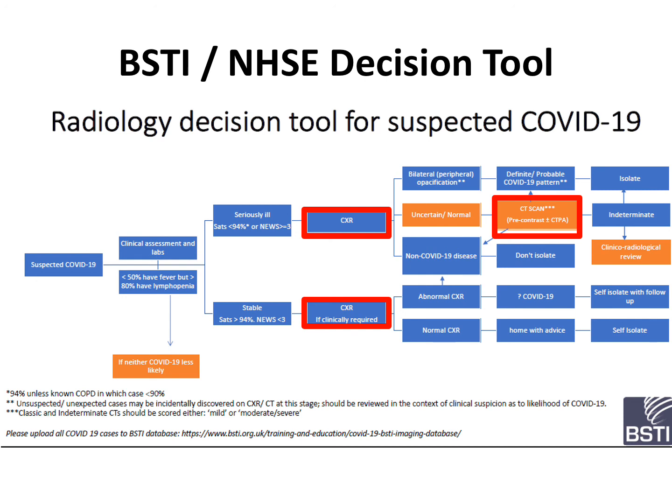In that context, when the chest X-ray has been normal or non-diagnostic, a CT scan can help dichotomize those patients into those who have probable or definite COVID patterns and those who are likely to have another disease process.